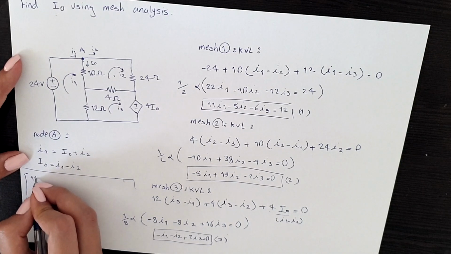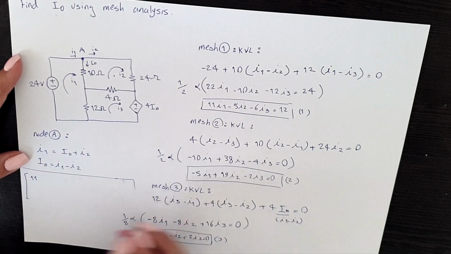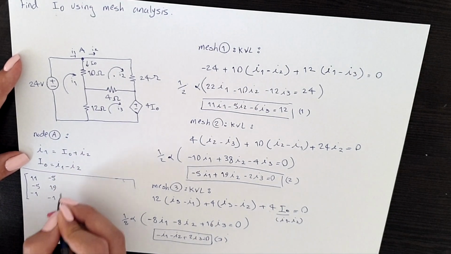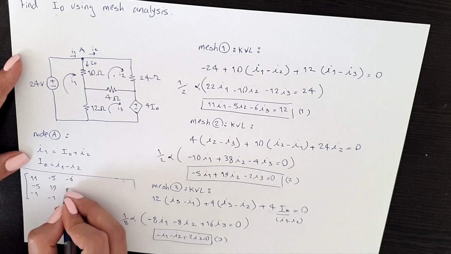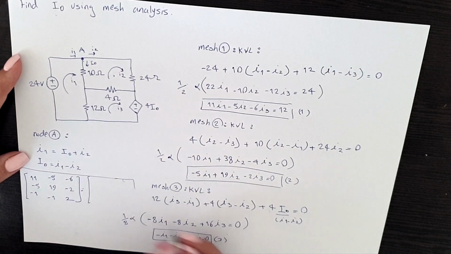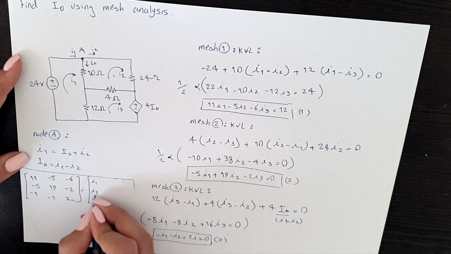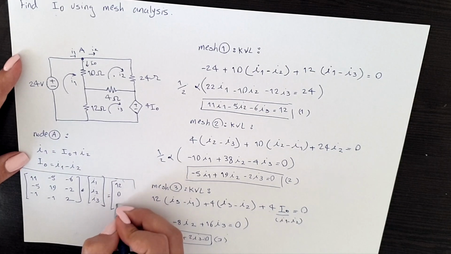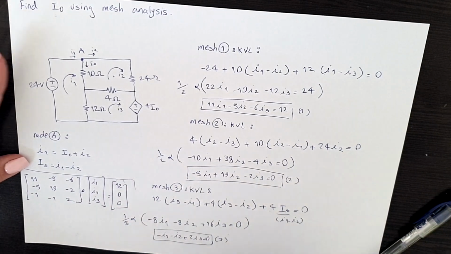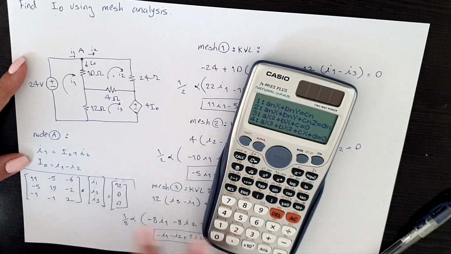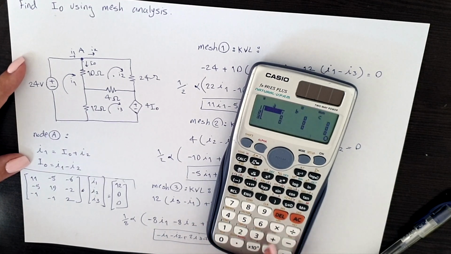And then we write 11, minus 5, minus 6, minus 5, 19, minus 2, minus 1, minus 1, and 2, times I1, I2, I3, is equal to 12, 0, 0. And I showed you in other videos how to do this on this calculator. I'm going to be calculating it really fast in here.